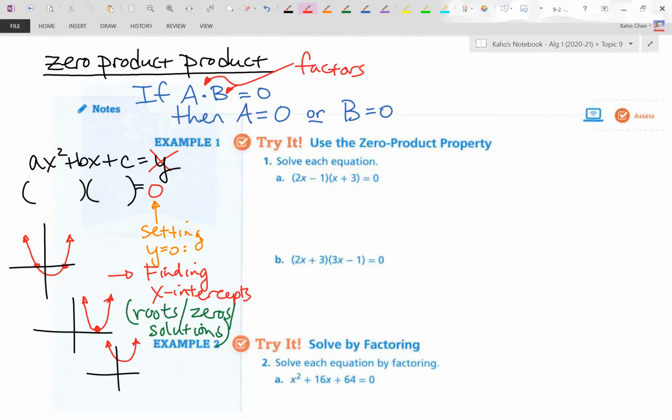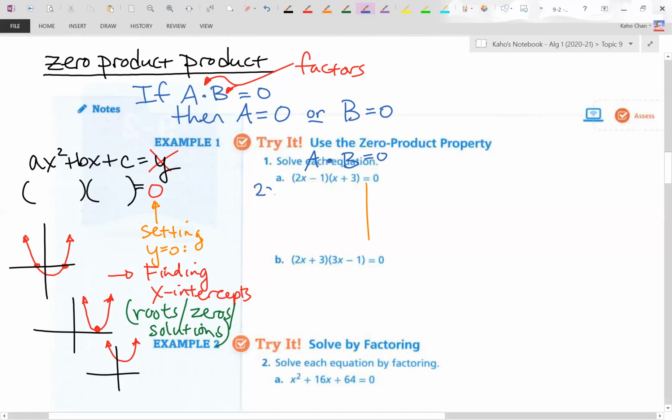Take a look at number 1 here. We have 1a, 2x minus 1 times x plus 3. Now the 2x minus 1 is kind of like the letter A from above, and the other one, x plus 3, is like the letter B. It's already equal to 0, so that means we have something times something equals 0. That allows us to split up and solve them separately.